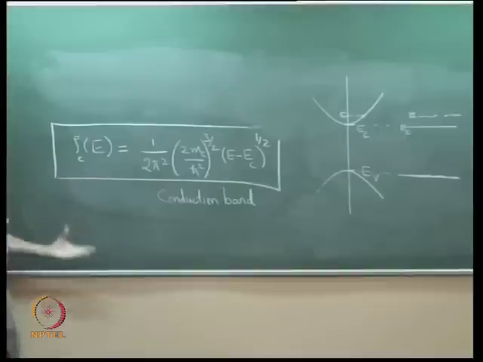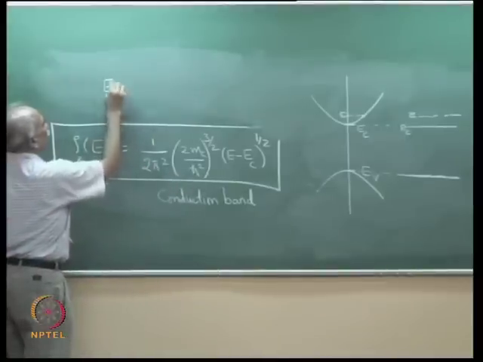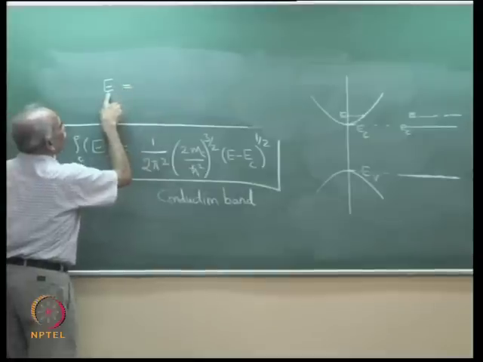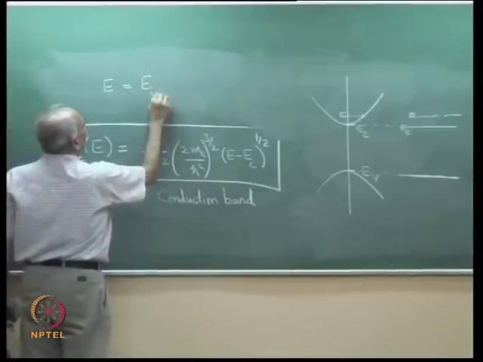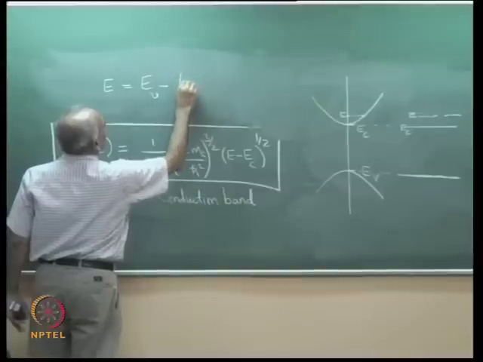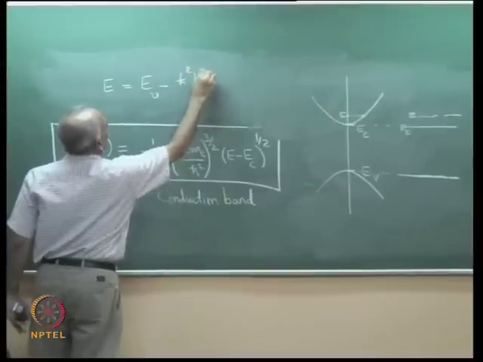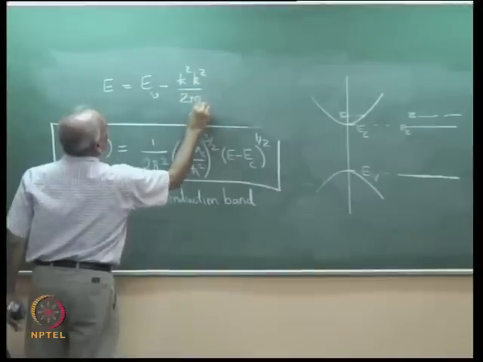But before that, if you follow exactly what we have done to obtain the density of states in the conduction band, if you follow exactly a similar procedure for the valence band, the energy of holes in the valence band is EV minus h cross square k square divided by twice mv.